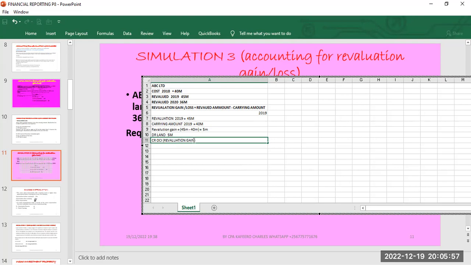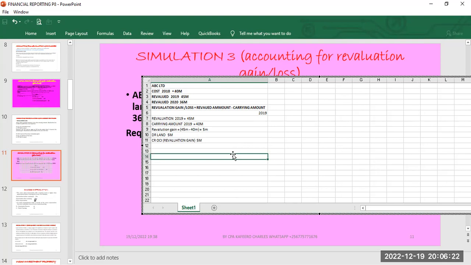But here I want you to get something from here. And this I did not talk about in the previous video. We said that when the asset has a revaluation loss, we don't create a revaluation loss account, but what we only do is take that figure to the profit and loss.